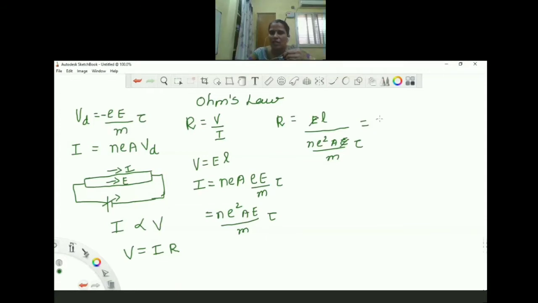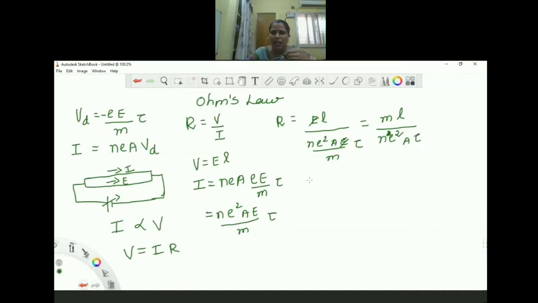We will get m L divided by n e square A tau.